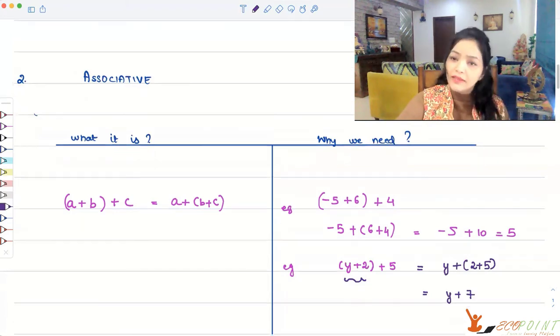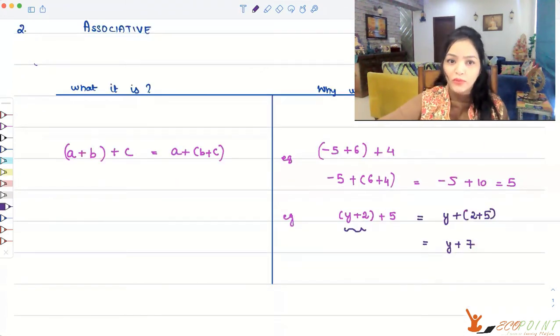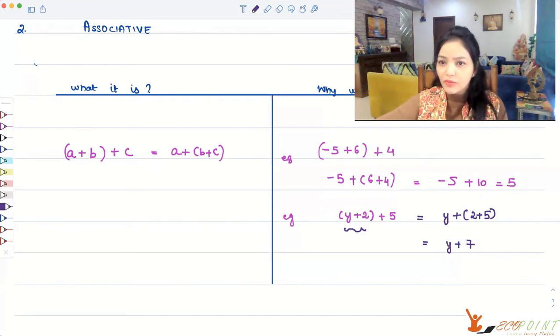So again, it's simplifying the situation for you. And this is what these rules mean. They are here to simplify. They are generalizations. When we say properties of real numbers, that means it will be satisfied by all real numbers. So if y is a real number, but we don't have a value for it, that is why it's a variable, I can use associativity to simplify an expression like this.